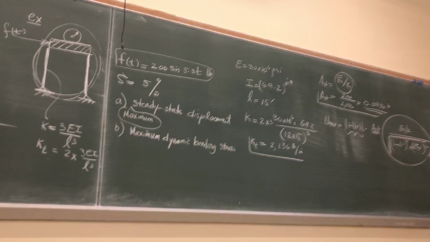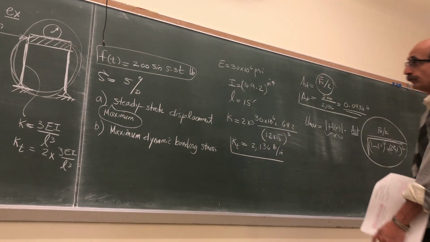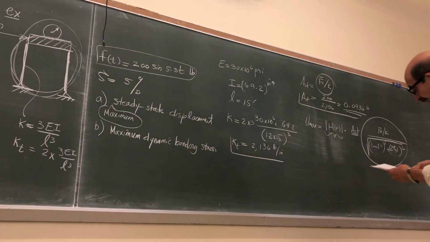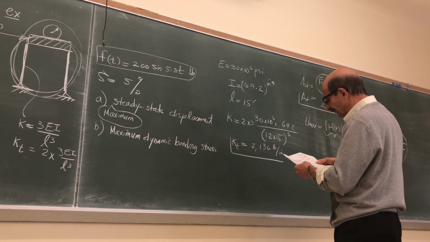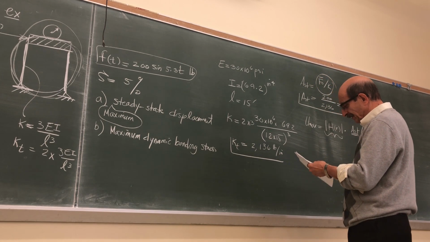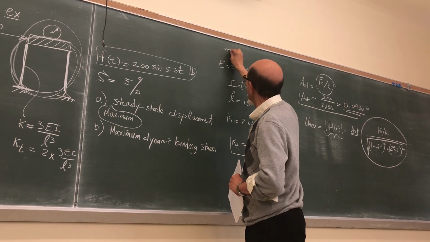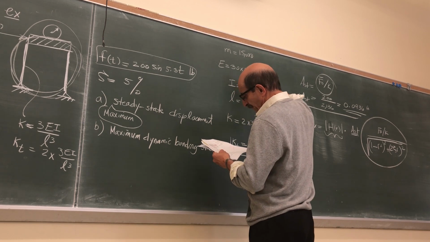So let's substitute for those. The frequency of the forcing function is given, we need to also find a damping ratio. The mass is also given. I'm just giving these to you in pieces. Mass is given as 15,000.